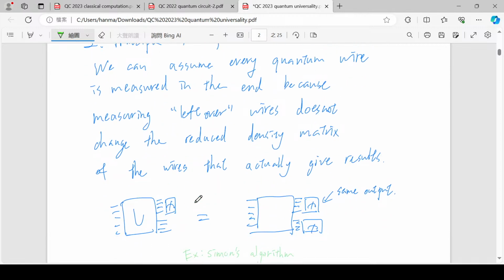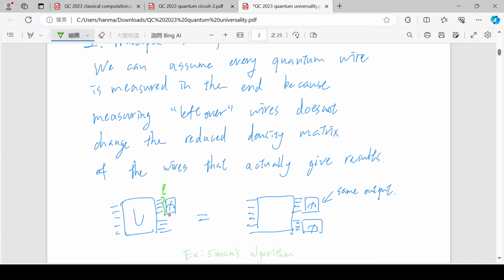At the end, if you only need the measurement outcome on some qubits, you can assume you also measure the other part, because you can think about the reduced density matrix rho of the measured qubits. Everything may stay together as a pure state, but you can think about the reduced density matrix rho here.